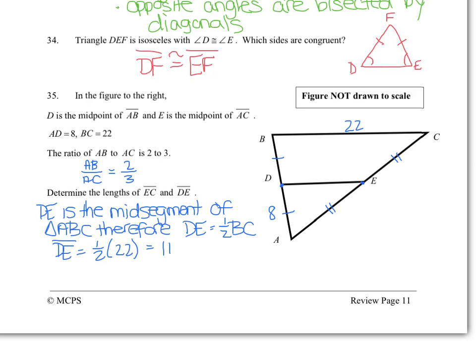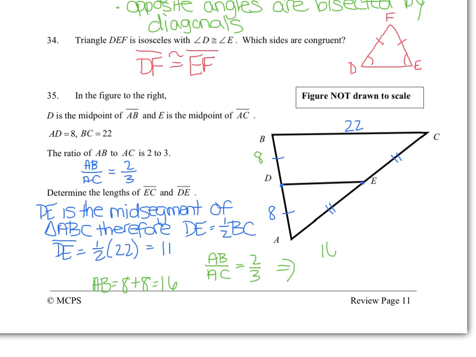Next, we need to find the length of EC. Well, we know AD is 8, so we know that BD must be 8. All right, and we know that AB over AC equals 2 over 3. Because AD is 8 and BD is 8, AB must be 8 plus 8, which is 16.